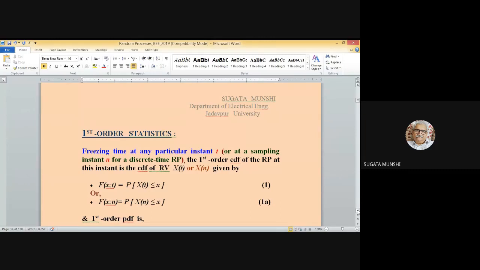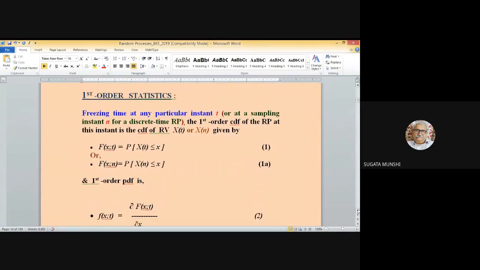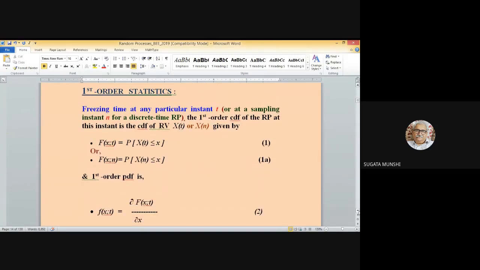So for that random variable xt or xn, you will have this cumulative distribution function. This is the convention that I'll follow. Capital F with argument x semicolon t, implying that we are freezing our attention to the instant t. And for that instant, we are obtaining the cumulative distribution function.